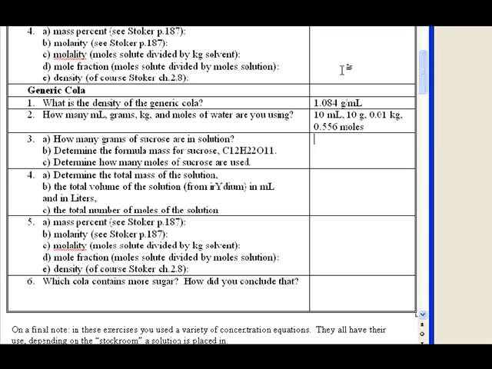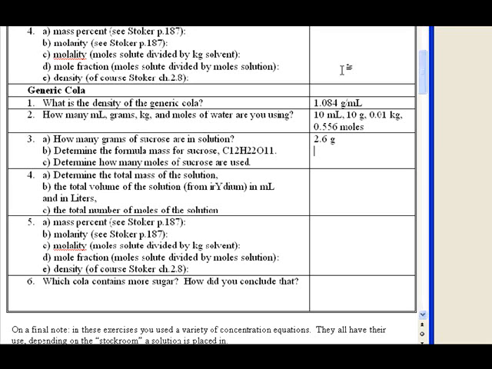How many grams of sucrose are in solution? Now we just determined that, 2.6 grams. Determine the formula mass for sucrose. It's carbon 12, C12H22O11.